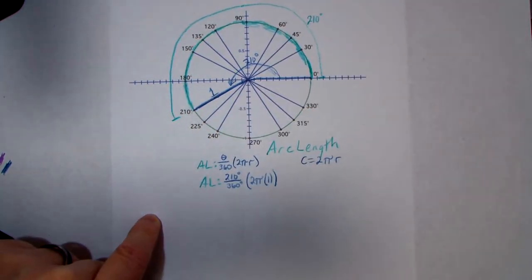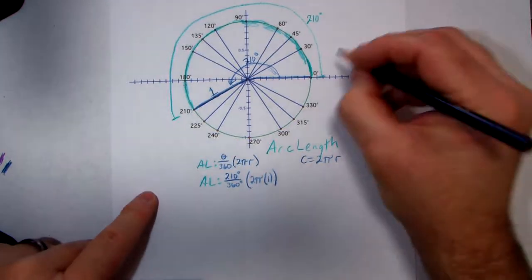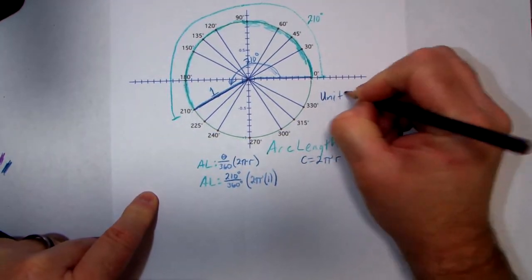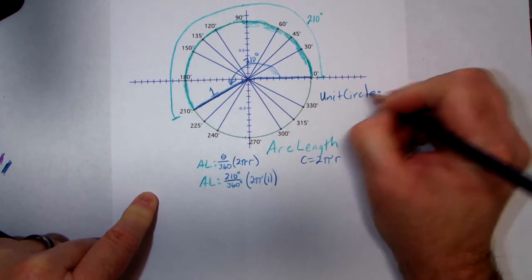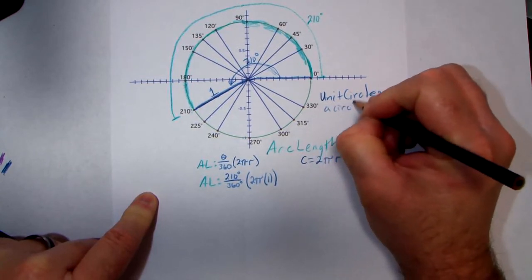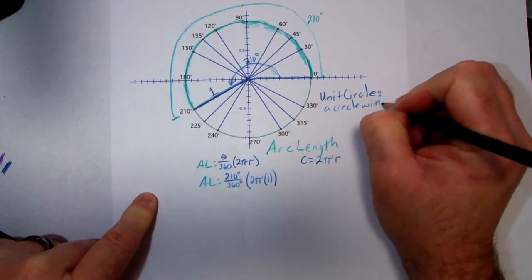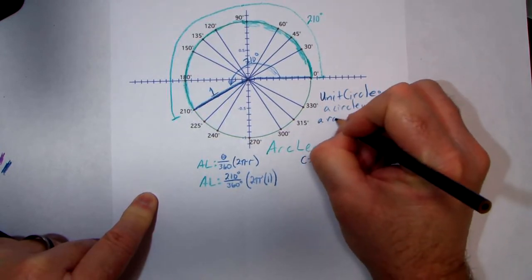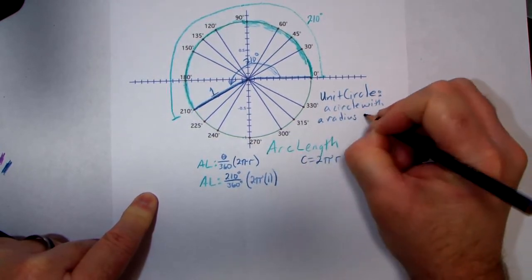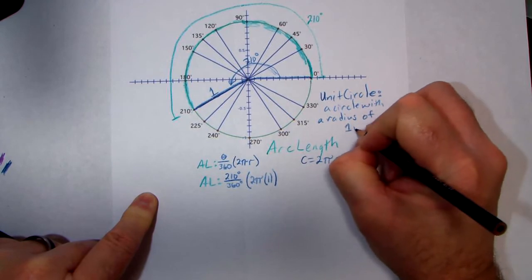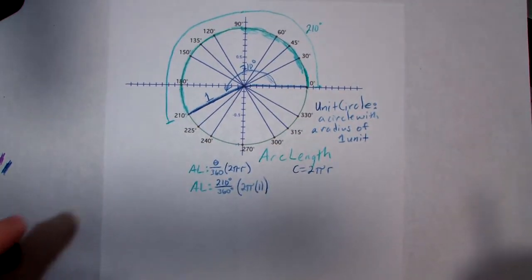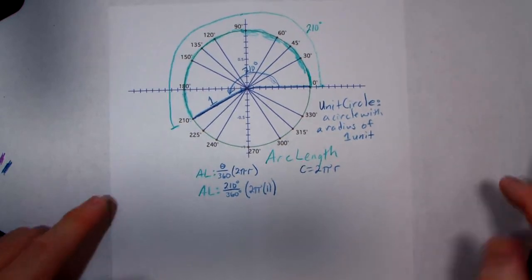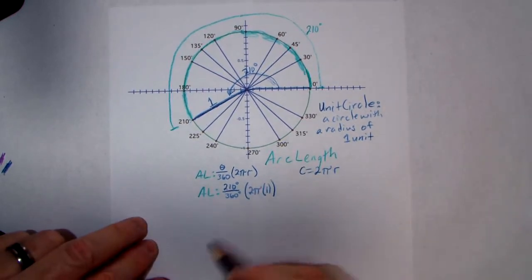Since it's 1 unit, that is why we call it a unit circle. And a unit circle is a circle with a radius of 1 unit. I know, we're not very creative in our naming, but that's part of what we love about math. It makes it a little bit easier.